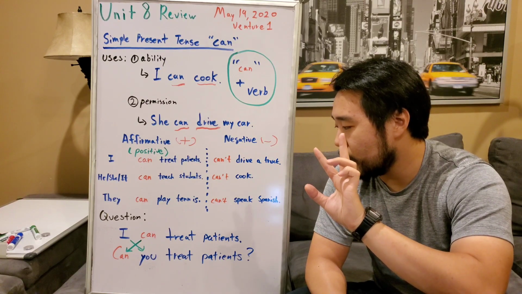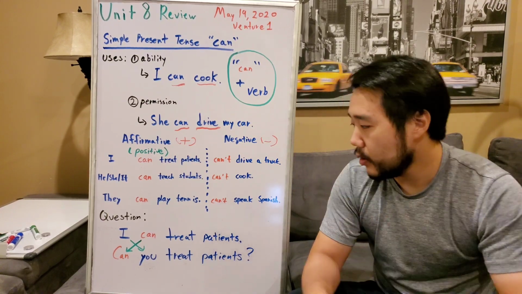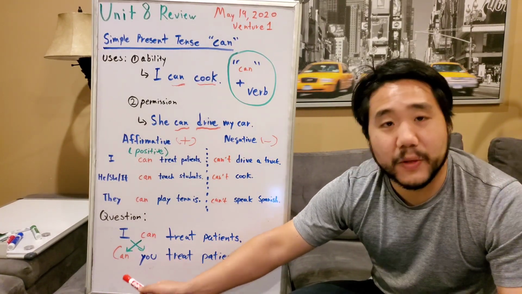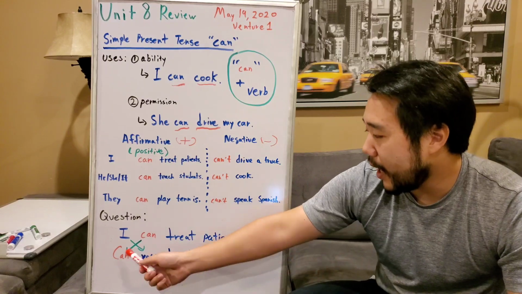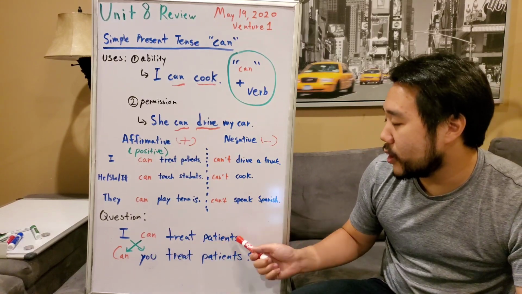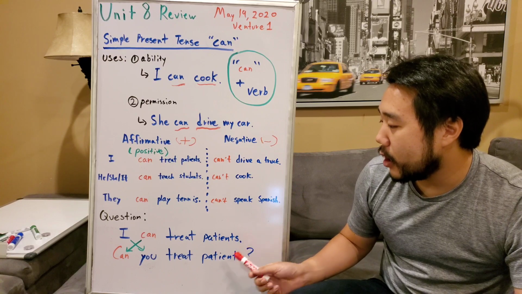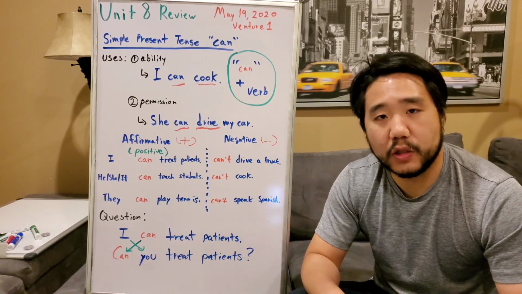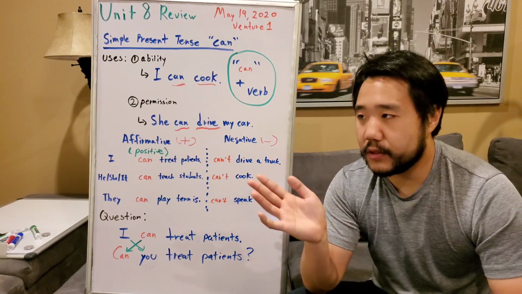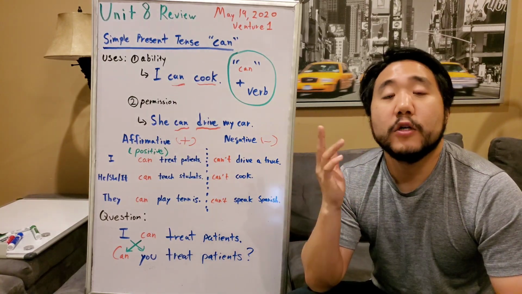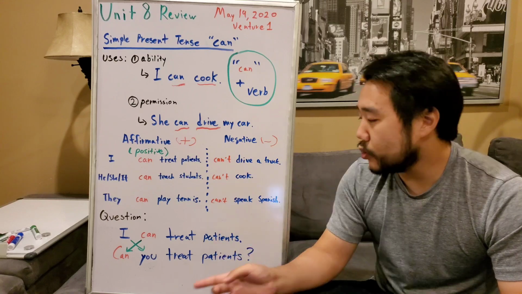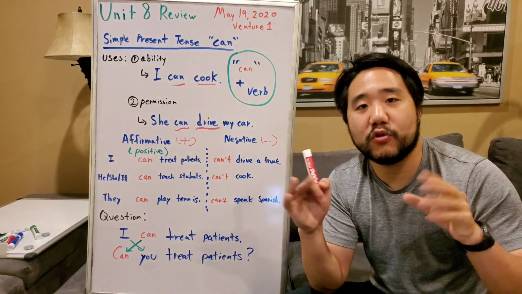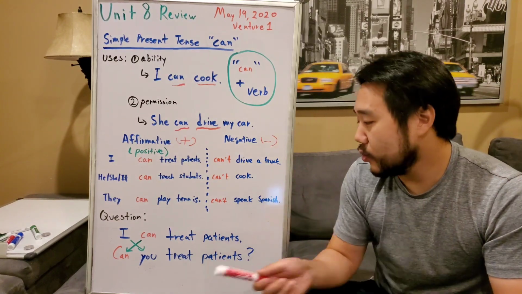Both of them. The subject goes here, and the word can goes at the beginning of the sentence. So I can treat patients becomes, can you treat patients? Another way of thinking is, I'm saying, do you have the ability to treat patients? That's what the question is trying to say.